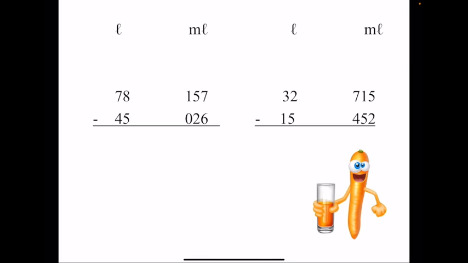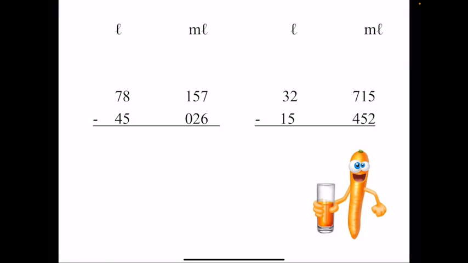Now a few subtraction sums. 78 liters 157 milliliters minus 45 liters 26 milliliters. Again you can see it is only 26 milliliters. So you will put 26 in the tens and ones columns and hundreds place is empty. There you will write 0. Okay, children? Now you have to subtract them.